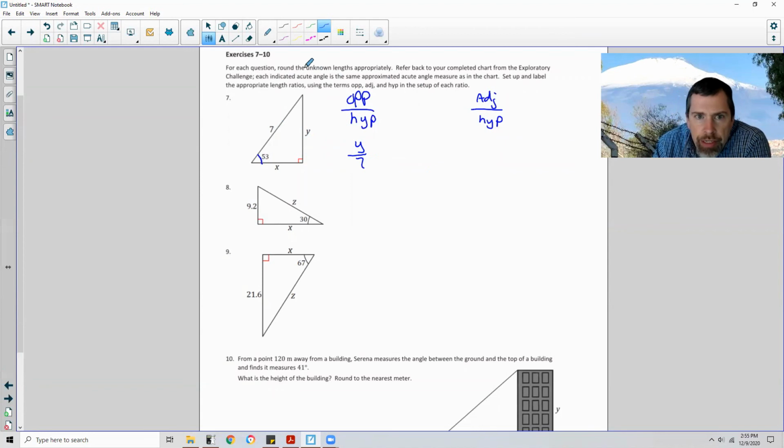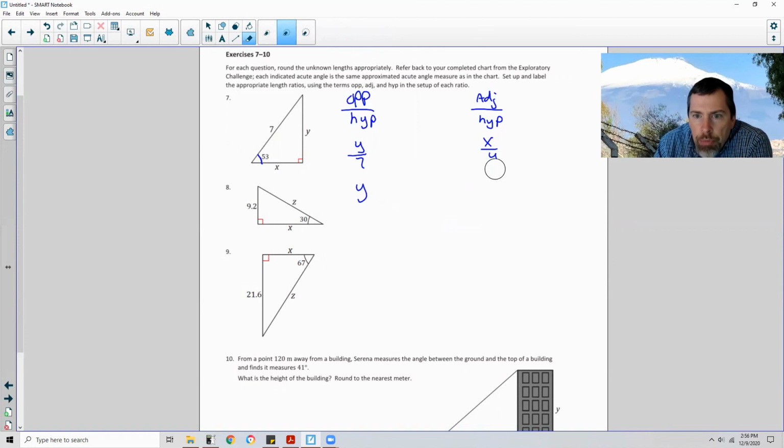Okay, so it says, refer back to your completed chart. Set up and label the appropriate length ratios using the terms in the setup of each ratio. Adjacent over hypotenuse would be x over 7.